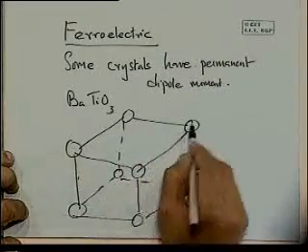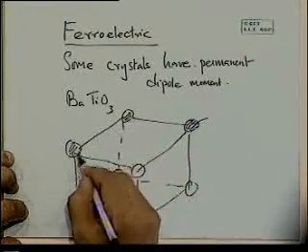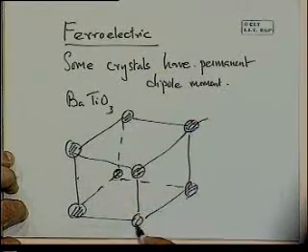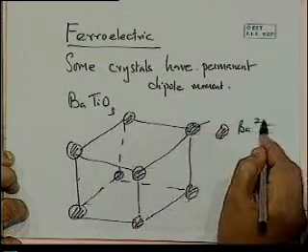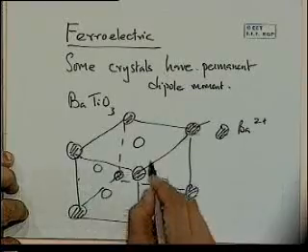And then you've got barium ions, these are bariums here. Oxygens at the face centers. So all these darkly shaded ones, let's put them as barium 2+. And then I stick in oxygens at each of the face centers.